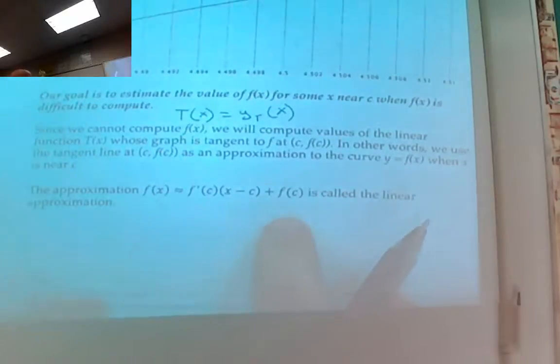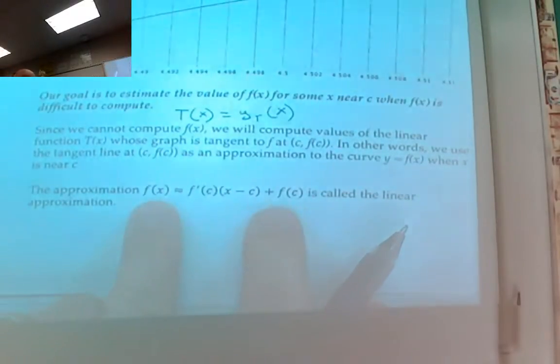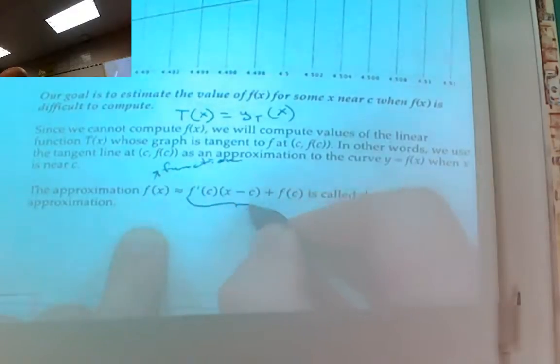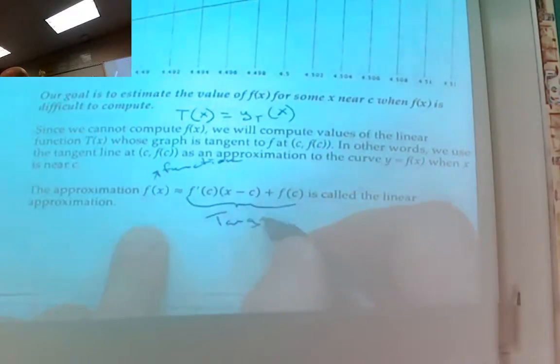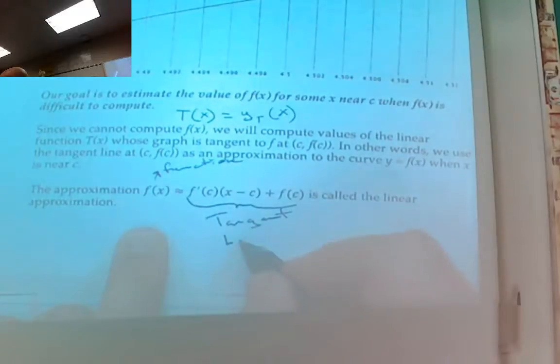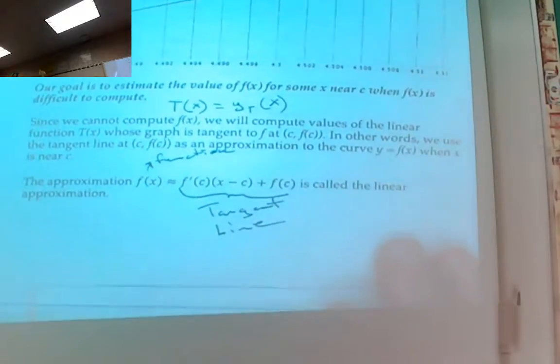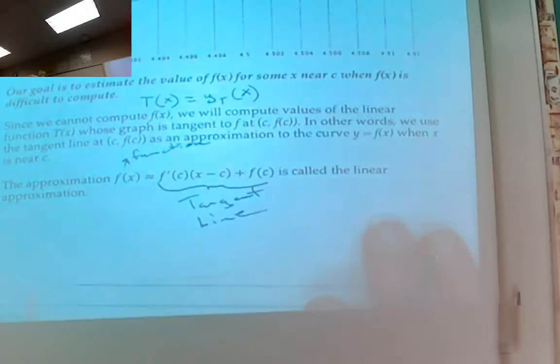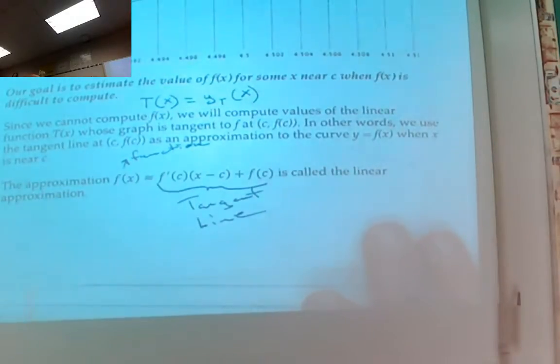To approximate f of x, we're doing this. This is the function. This is the tangent line. So really, all I need is c and f to come up with the equation of a tangent line, because if I have f, I can take the derivative of f. All right?